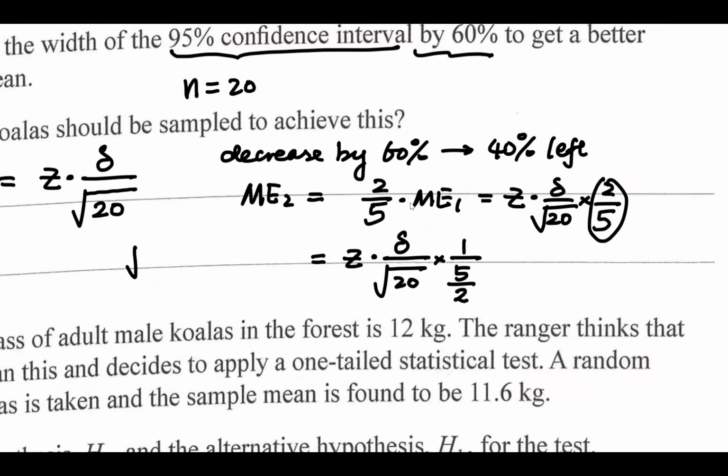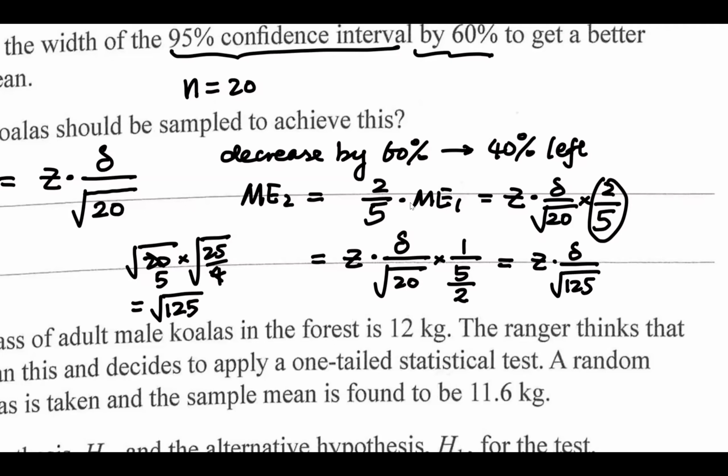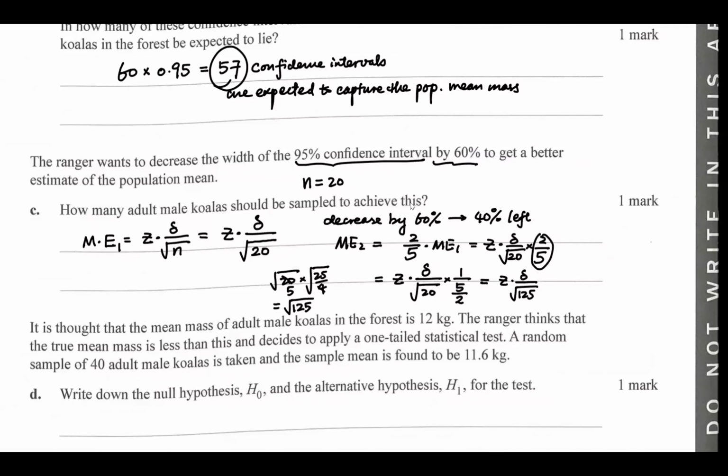Okay, so root 20 times root 25 over 4, because I want the same structure. And then 4 cancels down to 5. 5 times 20, 25. 125. So that is Z times sigma divided by root 125. New sample size, N2 equals 125 koalas. And that is the answer, I believe.